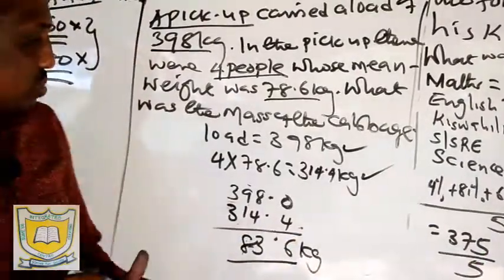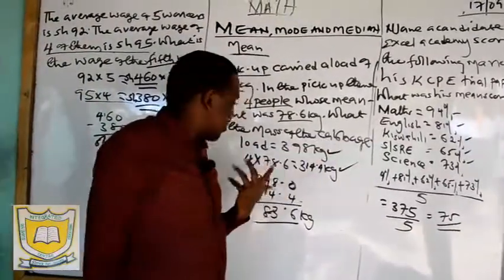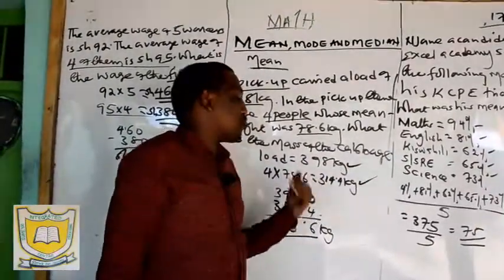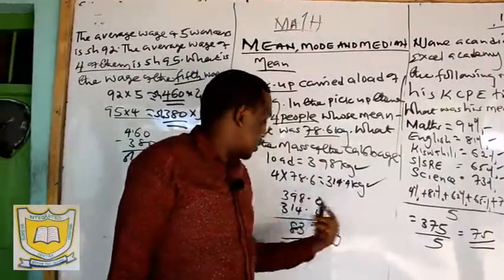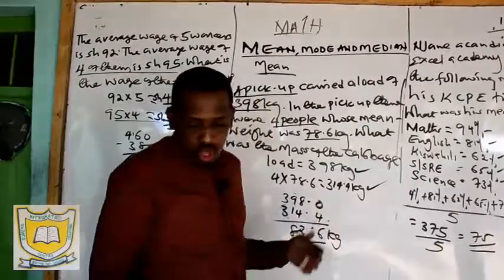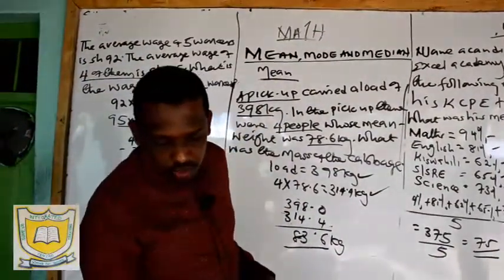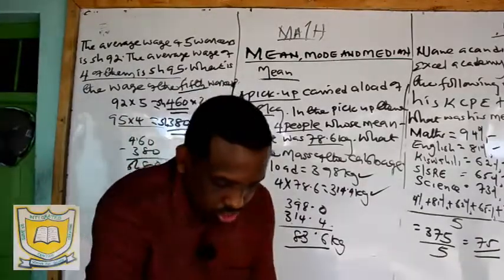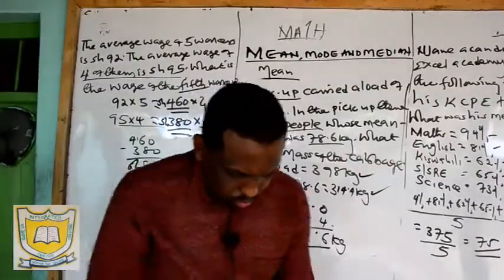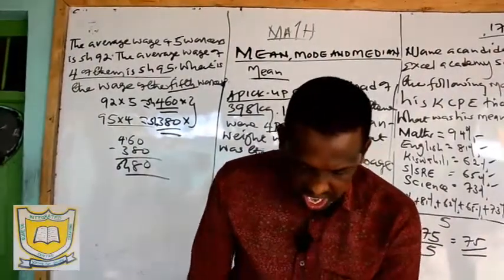That is how we subtract. So the total load, the mean of the 4 people, you multiply 4 times this to get 314.4. Total minus 314.4, you will get 83.6 kg.